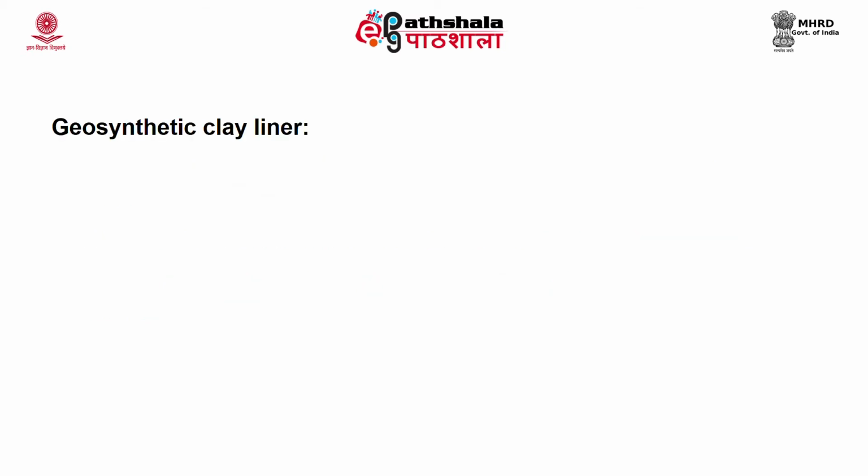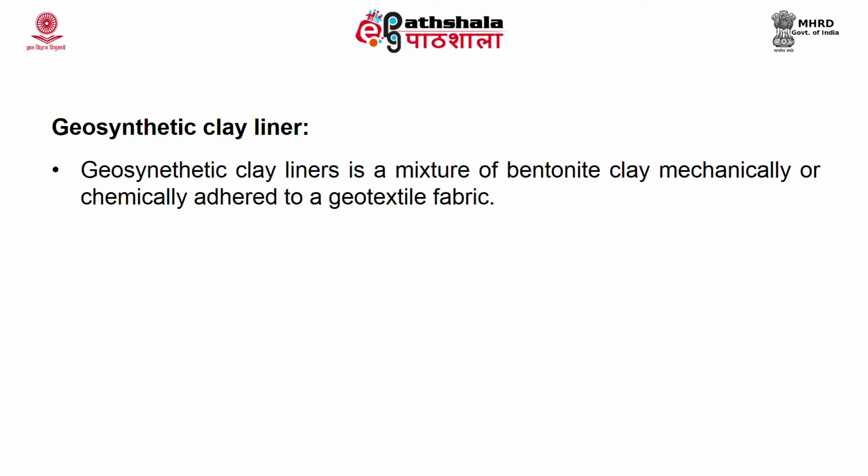The next type of liner is a geosynthetic clay liner. A geosynthetic clay liner is a mixture of bentonite clay mechanically or chemically adhered to a geotextile fabric. Geotextile is a polymer. To this polymer you use an adhesive and stick a bentonite clay.